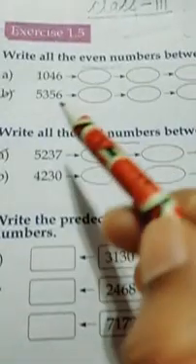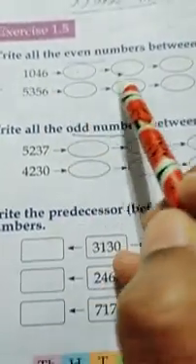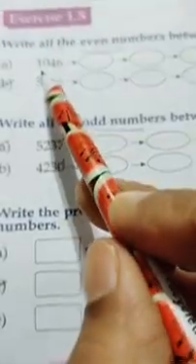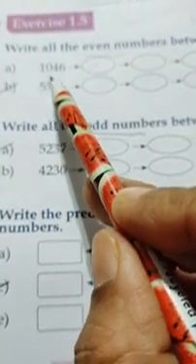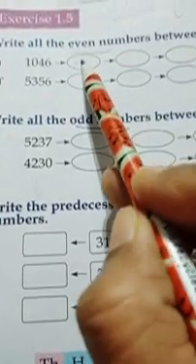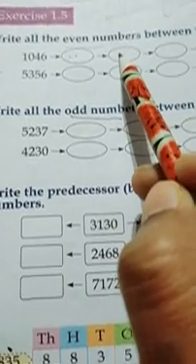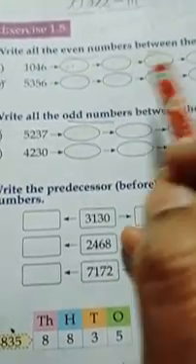When we add 2 to 1046, we get the next even number, and adding 2 to that, we get the next, and like this we get all the even numbers.